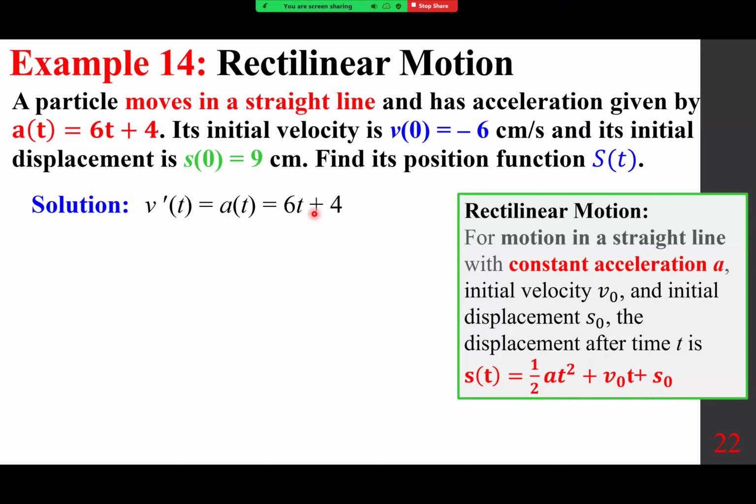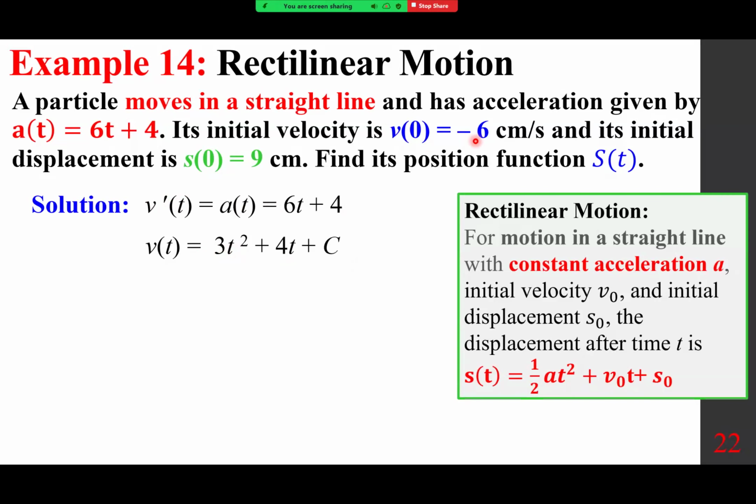So this is an easy case. Let's write the antiderivative of this to get v of t, which is 6 halves or 3t squared plus 4t and a constant. We are writing the antiderivative, a general solution.